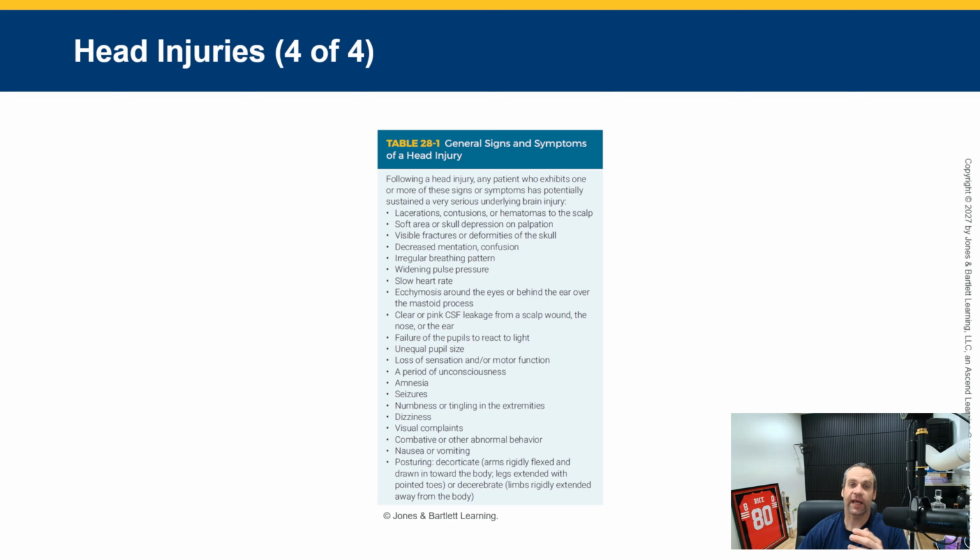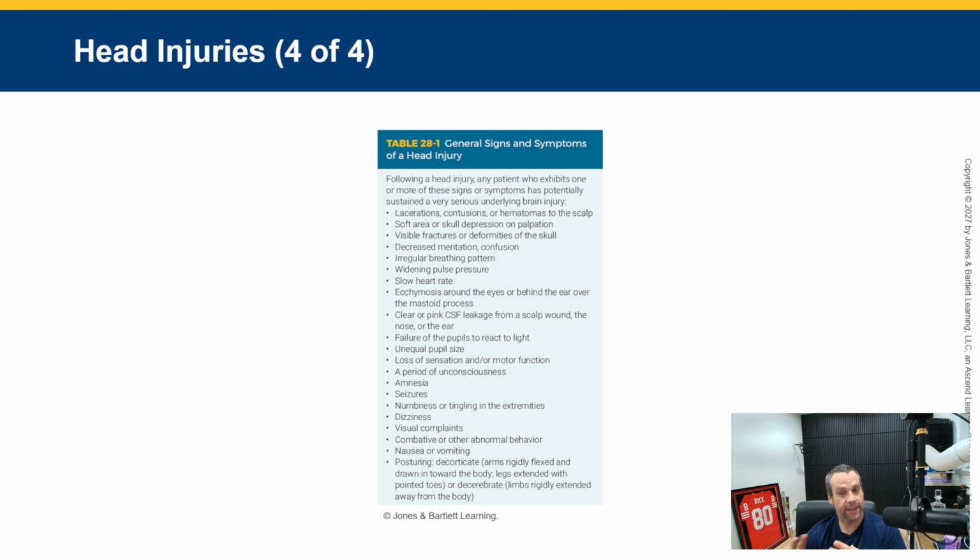You could have motor and sensory changes like weakness, loss of movement, numbness, tingling. In more advanced neurological deterioration, you can have abnormal flexion and extension of the limbs. That's what we call posturing, which we'll talk a little more about later. Typically, we have decorticate or decerebrate posturing.